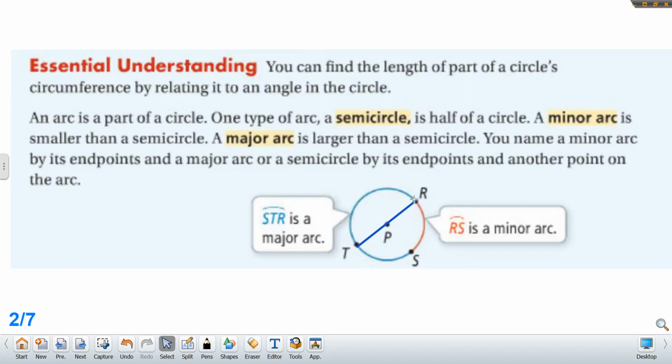So RT is a semicircle, or TSR is another semicircle. RST is another semicircle. So the semicircle means half of the circle.